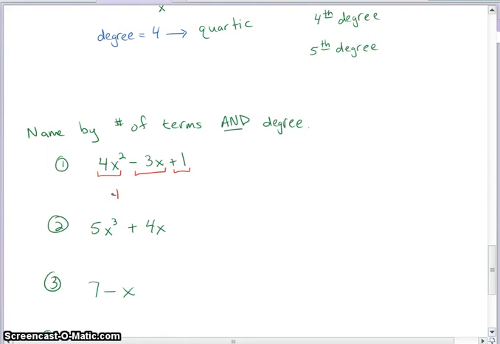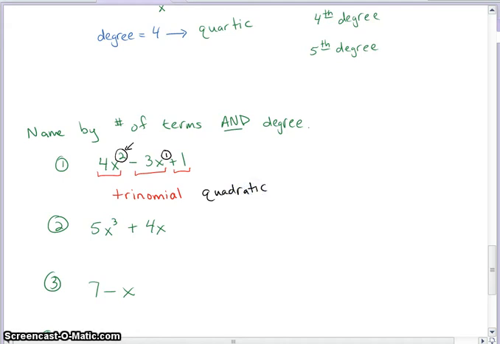And then I'm looking at the degree. So what's the highest degree? So this is a degree 2. This is degree 1. I'm looking for the highest degree. So degree 2, which is called a quadratic.